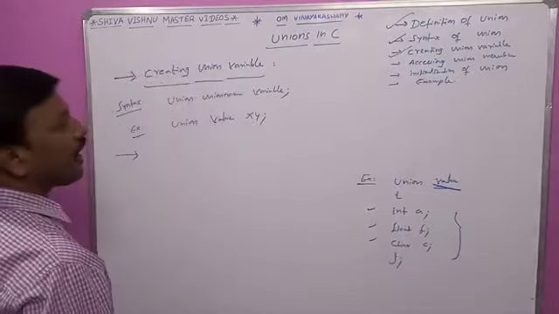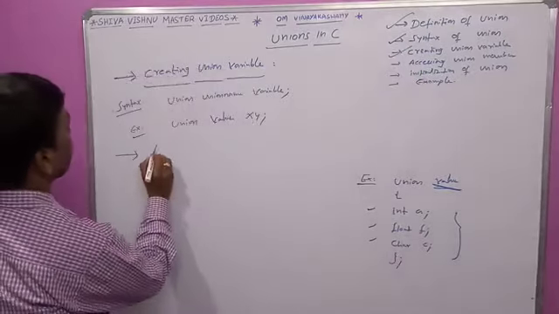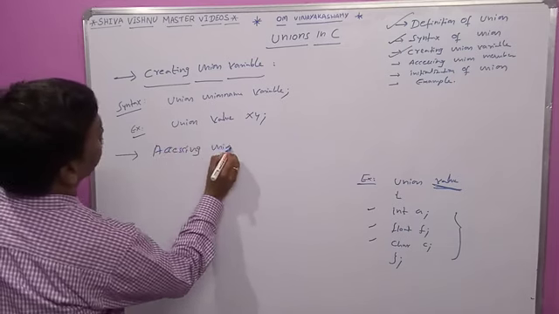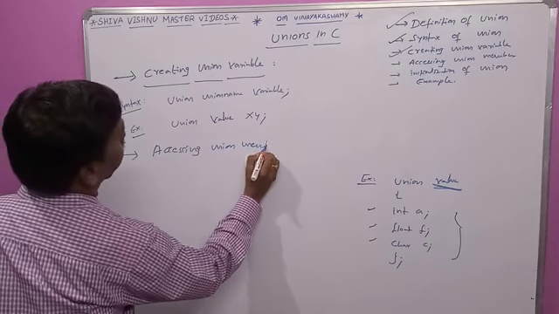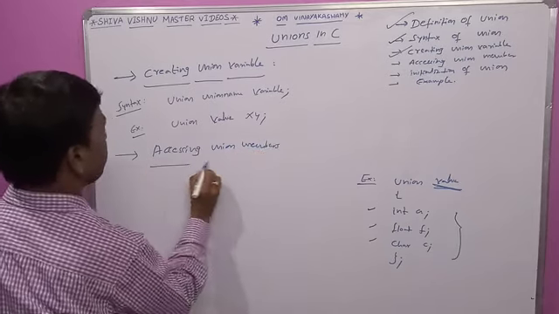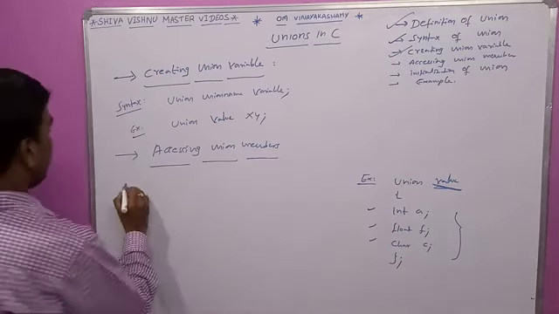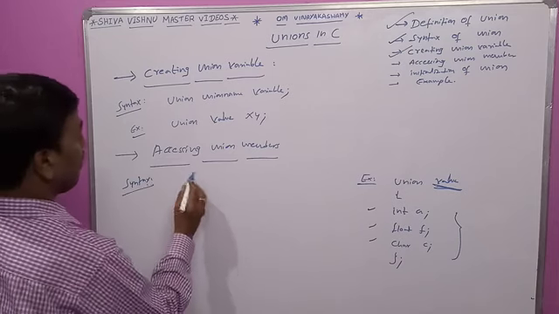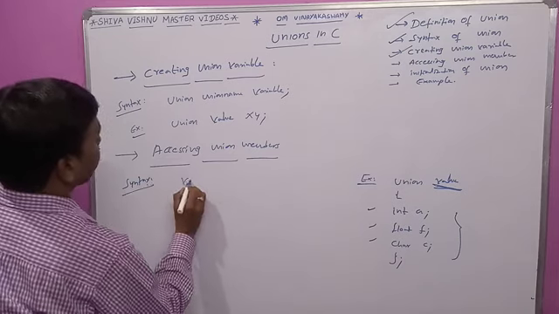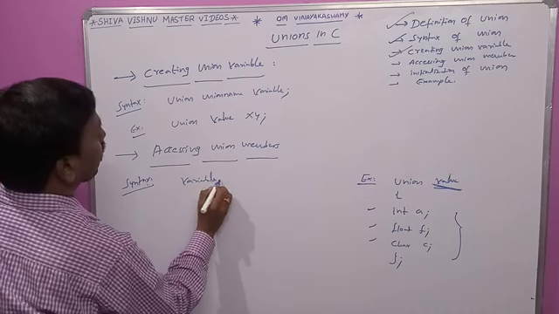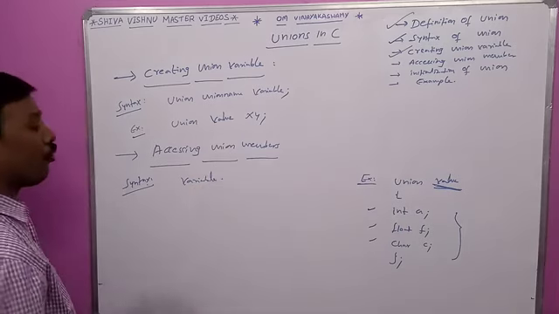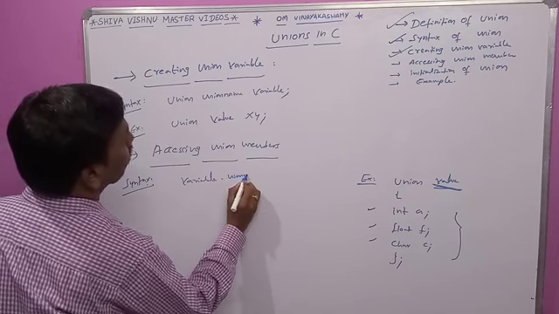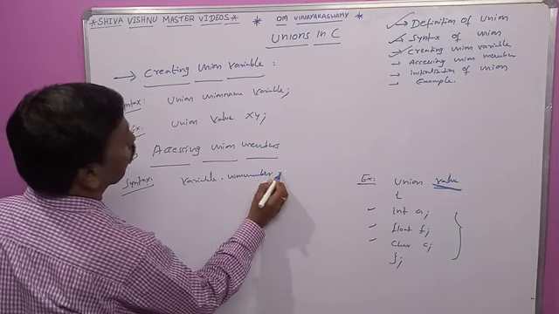Next, accessing union members. Here also we have the syntax: variable, dot operator, union member, semicolon.